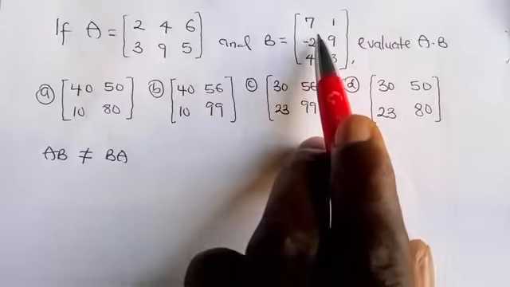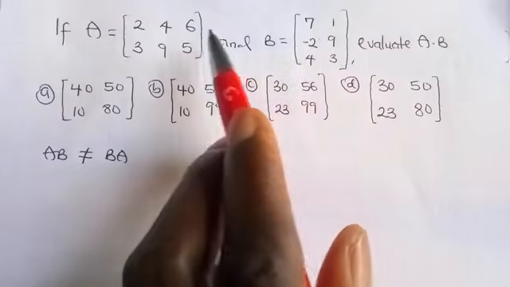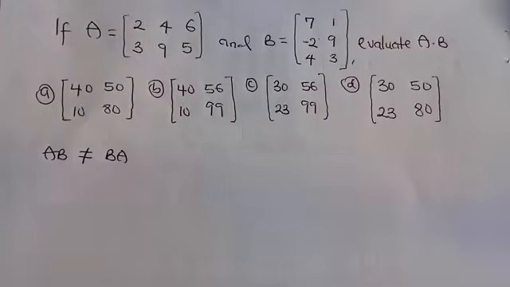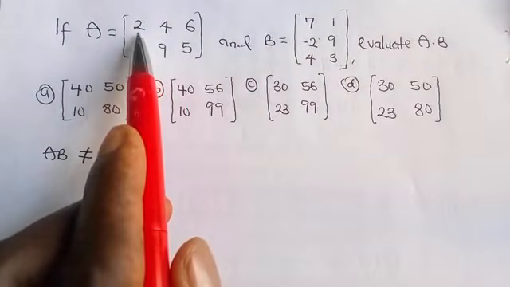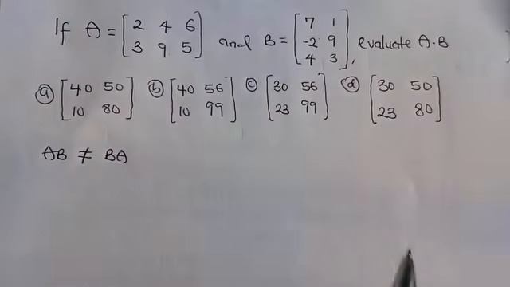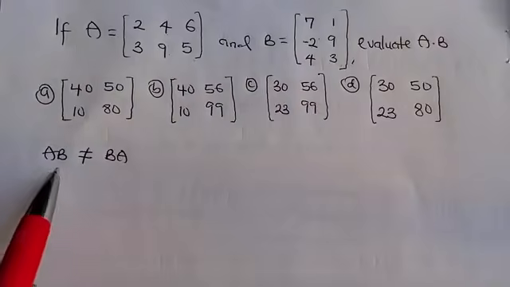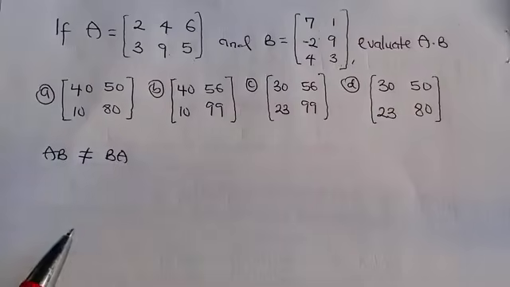If it is this 3 by 2 matrix you are using to multiply this, you are going to have a 3 by 3 matrix. But if it is this 2 by 3 matrix you are using to multiply 3 by 2 matrix, you are going to have a 2 by 2 matrix. And so A multiplying B is not equal to B multiplying A. So let's look at the question here.